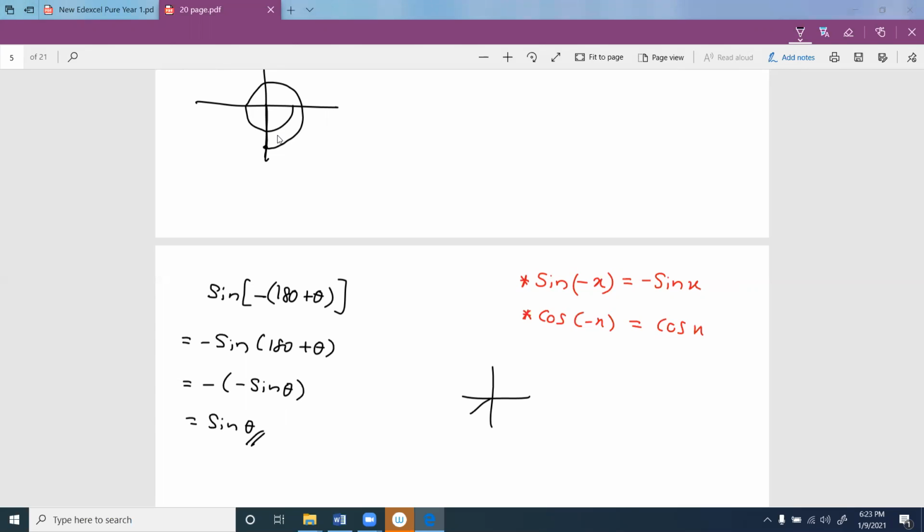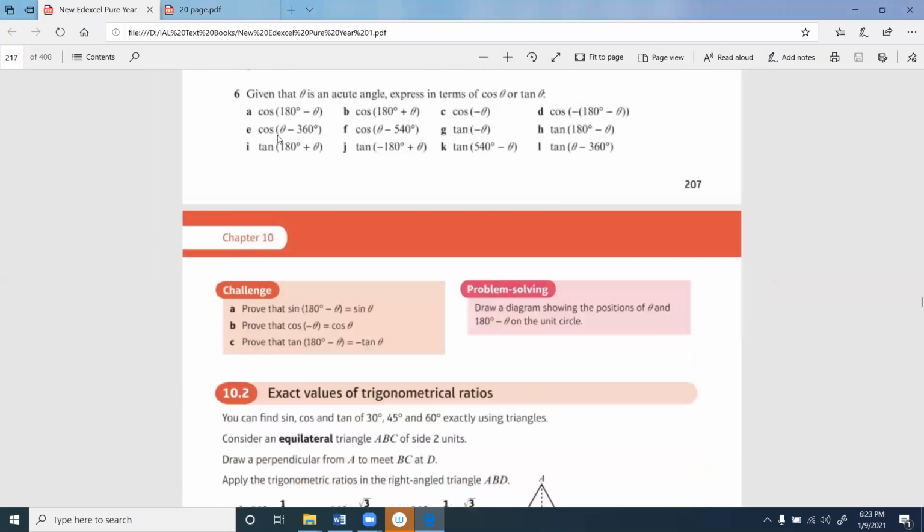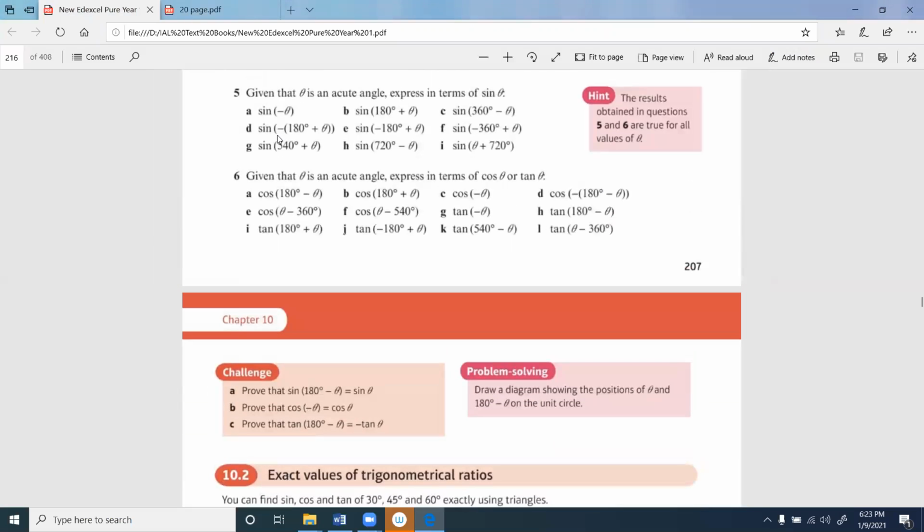Okay. Yeah, that's how, like that you can get these answers, right? But these things are just basics where we have to operate with these things. Yes. Then for this answer, cos 180 minus theta, you can get it.